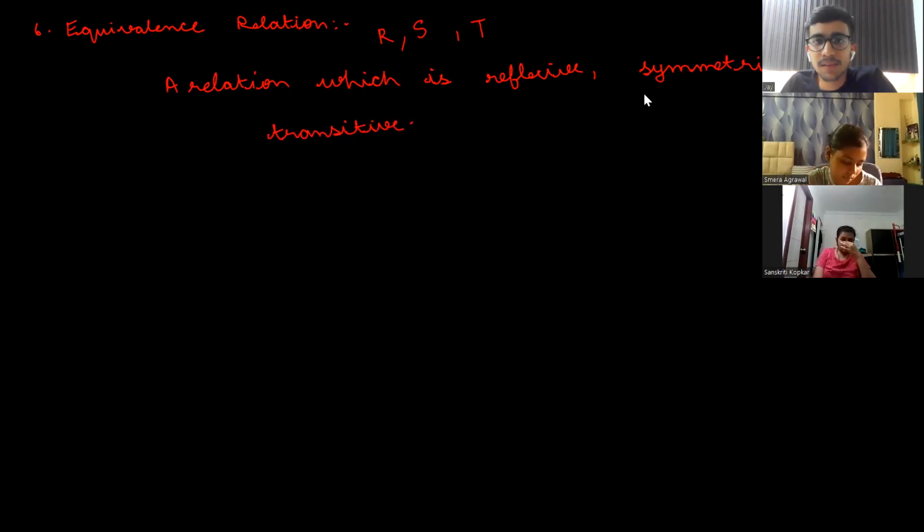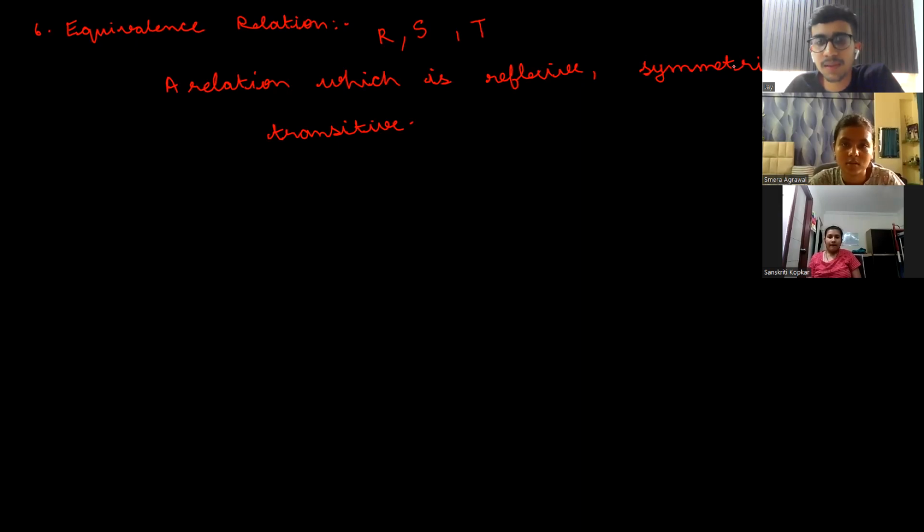Okay, let's quickly revise. Reflexive क्या होता है? Sanskriti, what are reflexive relations? So when an element is related to itself. Okay, Smera, what are symmetric relations? The relations in which if A comma B is an element, then B comma A must be an element as well.